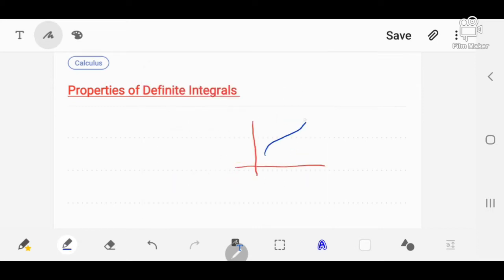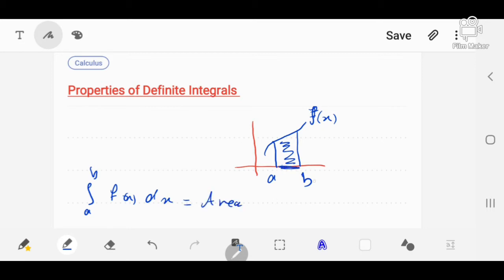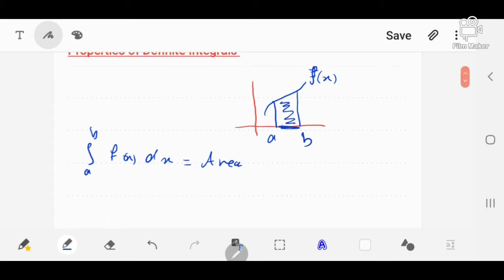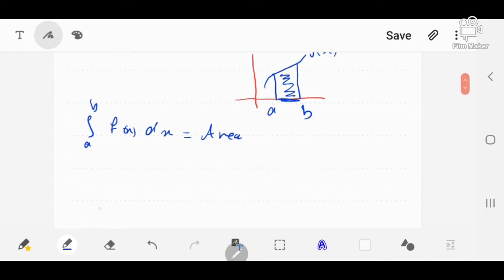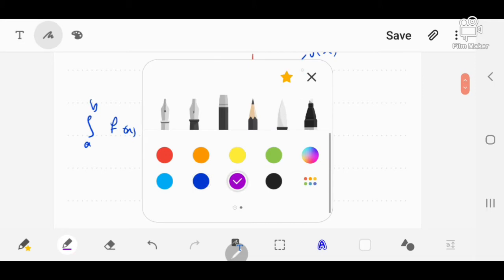So if we have a function from a to b, then the integration of f of x from a to b, depending on x, means the area under the curve and between the curve and the x-axis. So keeping that in mind, we have properties of the definite integral.